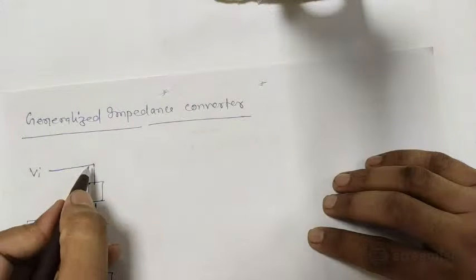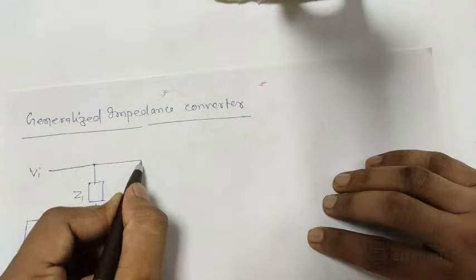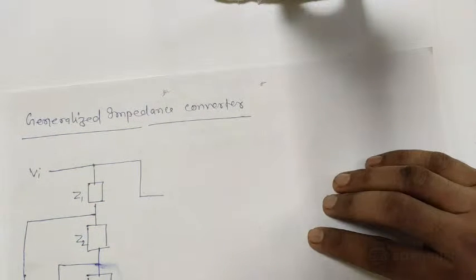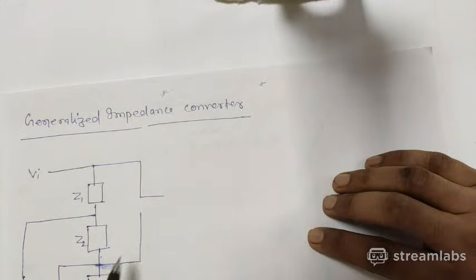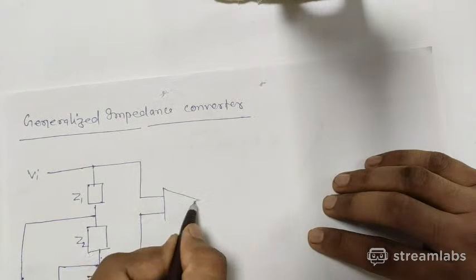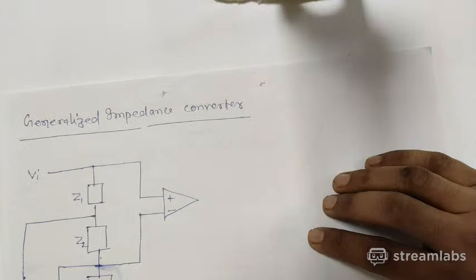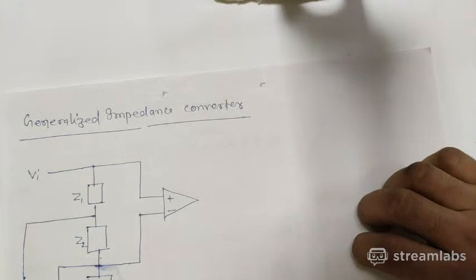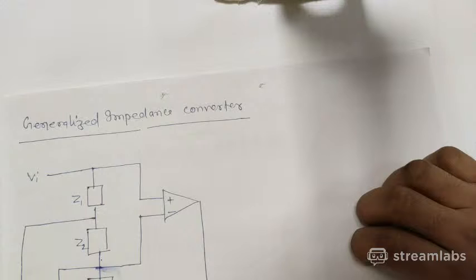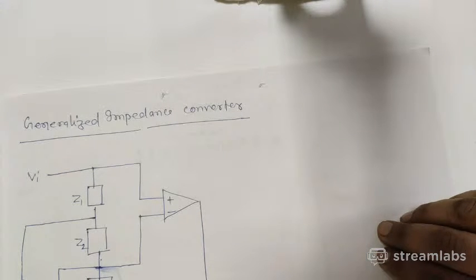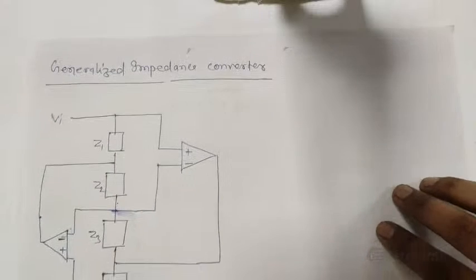One more op-amp is connected at this point, and at this point, and the output of these two goes to Z3, this point. This is the generalized impedance converter.